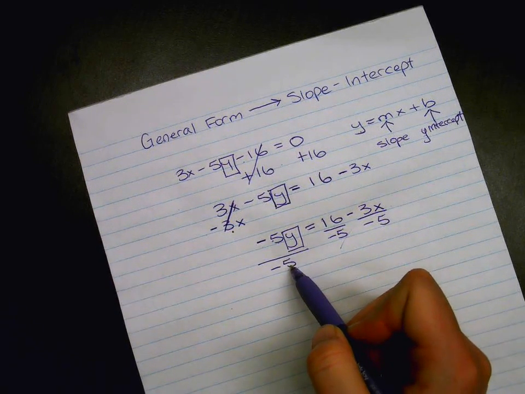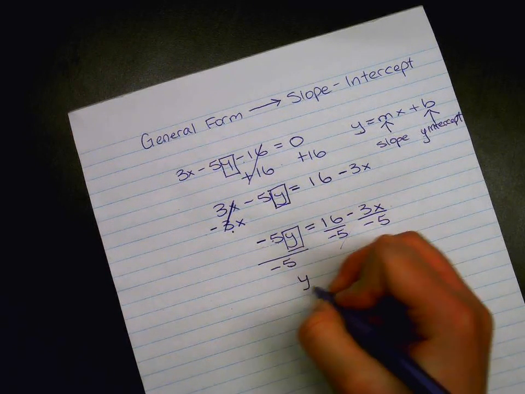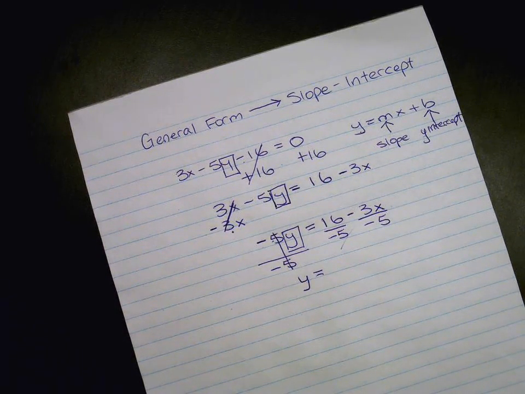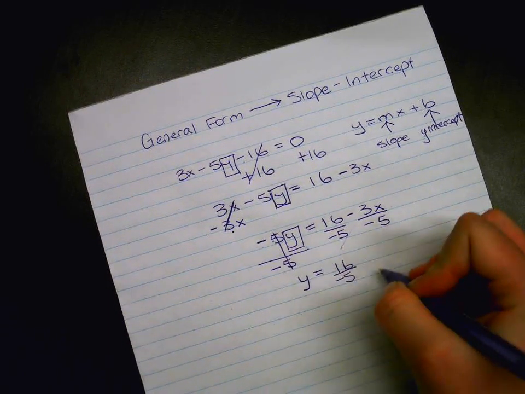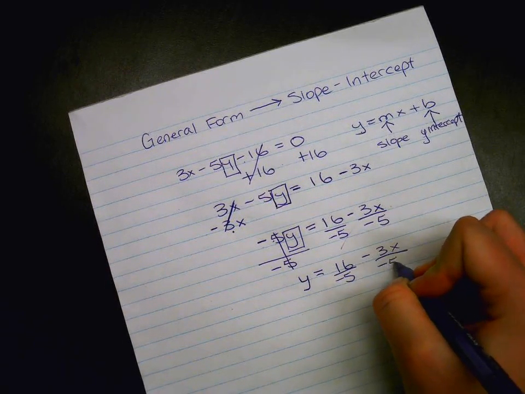Negative 5 divided by negative 5 is 1, so we're left with 1y, and the negative 5's cancel out. We're left with 16 divided by negative 5 and negative 3x divided by negative 5 on this side.